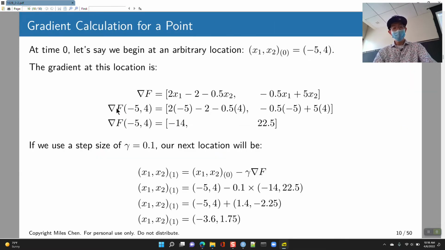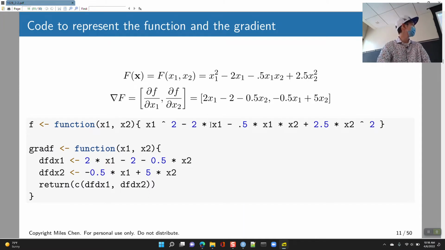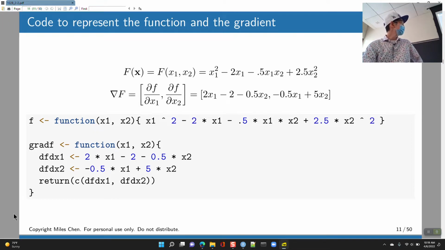This is just some code doing this in R. Here's our function, x1 squared minus 2x1 minus 0.5x1 x2 plus 2.5 x2 squared. The gradient of f returns a vector with two components. The first component is 2x1 minus 2 minus 0.5 x2, and the second is negative 0.5 x1 plus 5x2.